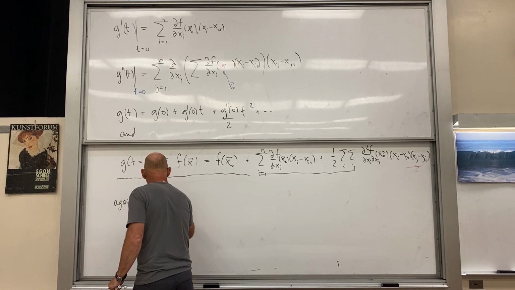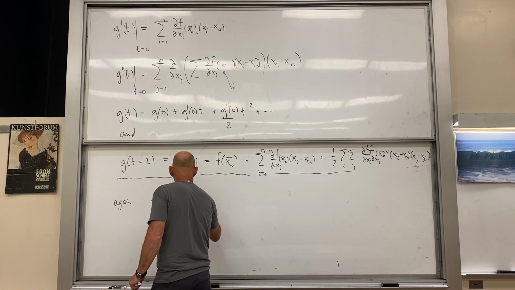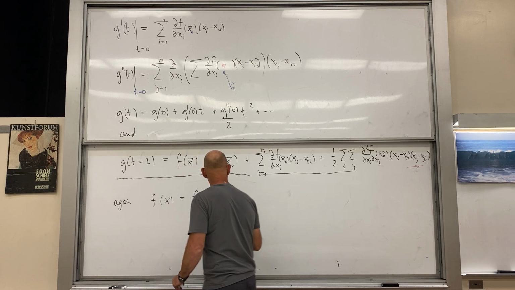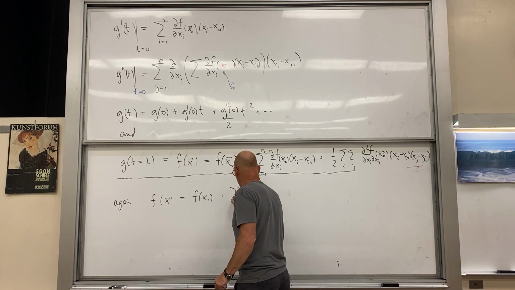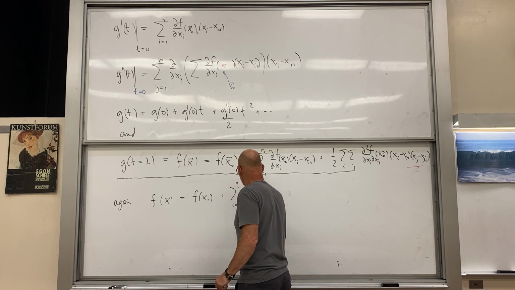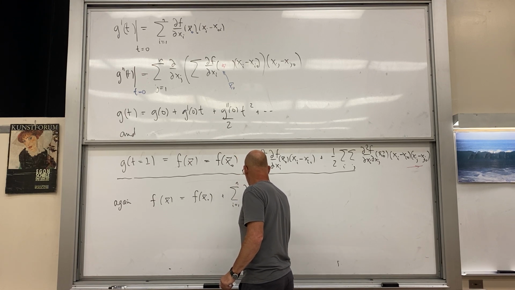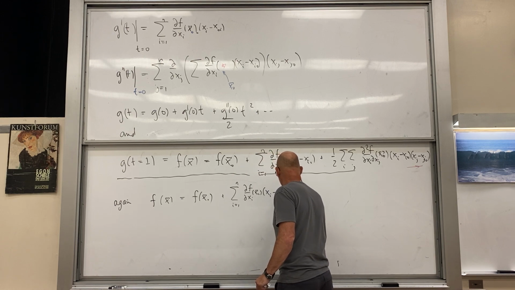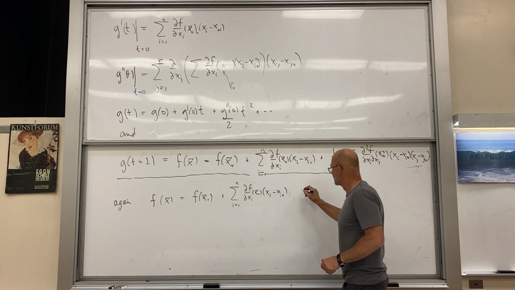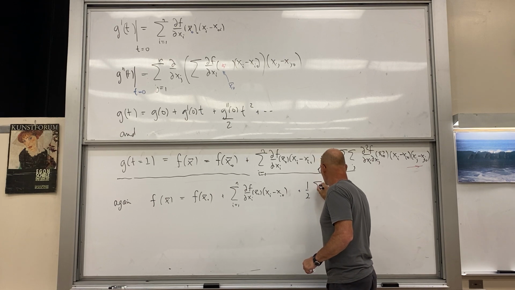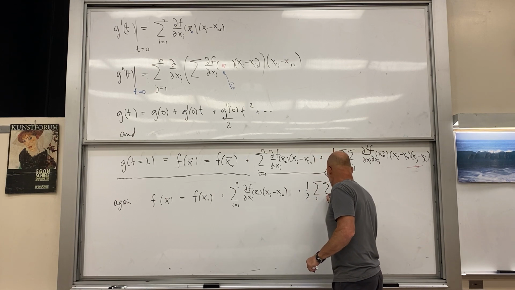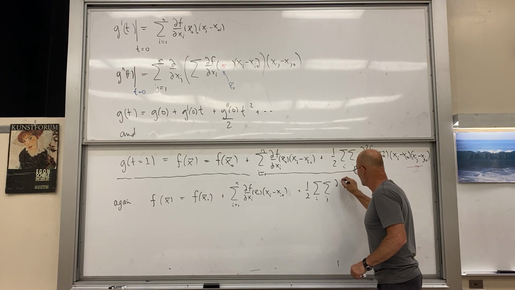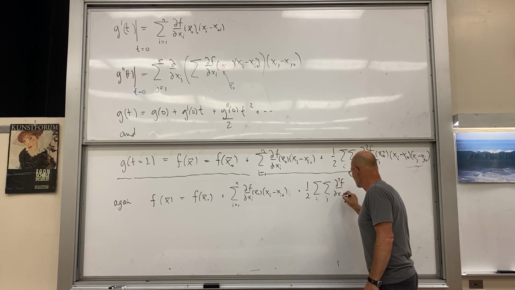So we have f of x equals f of x0, and then we have the sum i equals 1 to n, and this just comes from the chain rule, df dxi x0, xi minus xi0, plus the double sum over i and j of d squared f dxi dxj, xj minus xj0.